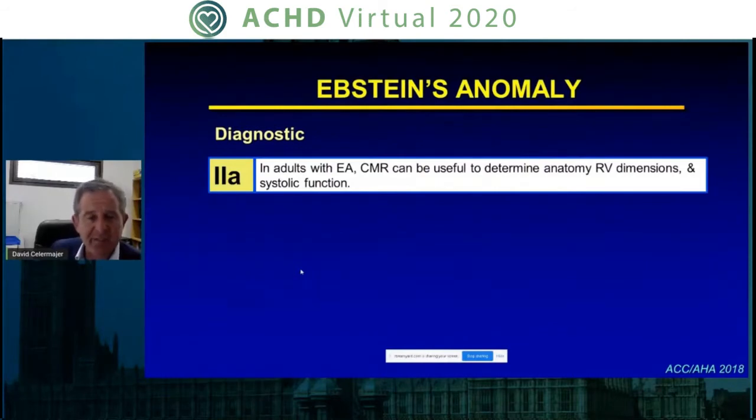Now, one of the tricks about that, of course, is that systolic function of the right ventricle is traditionally quite difficult to diagnose, and it's all the more so in the presence of Ebstein's anomaly, where the delineation between the right atrium and the right ventricle, and particularly defining the dimension and systolic function of the right ventricle, is very difficult, even in an anatomical sense. But that's made all the worse because the degree of tricuspid regurgitation obviously influences the way the systolic function of the RV looks, and that might be artifactual.